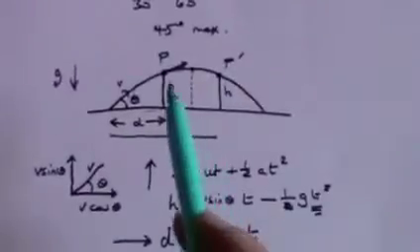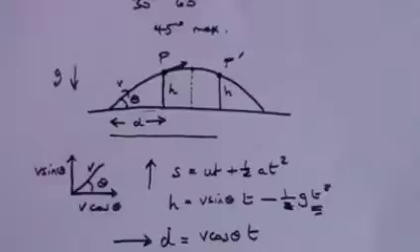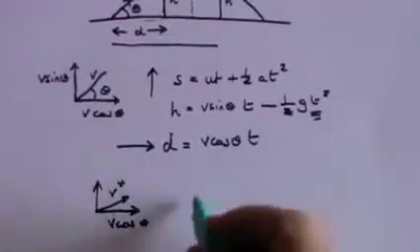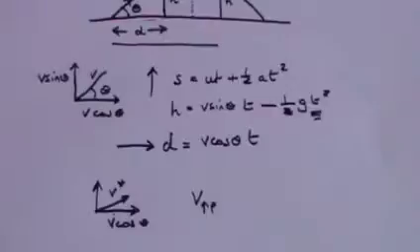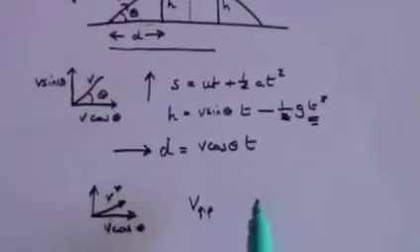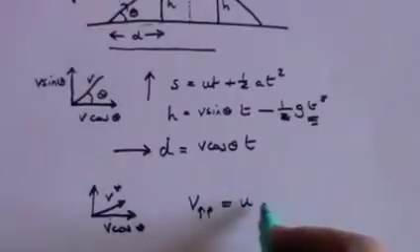The question is, what is the vertical value of the velocity once you get to point P? Well, let's call it v vertical at point P. The vertical component at point P is going to be equal to u plus at.